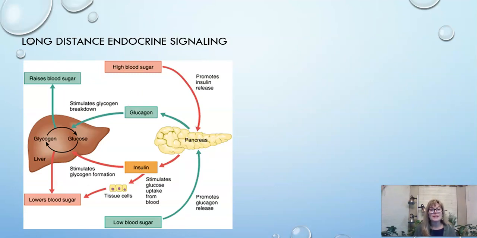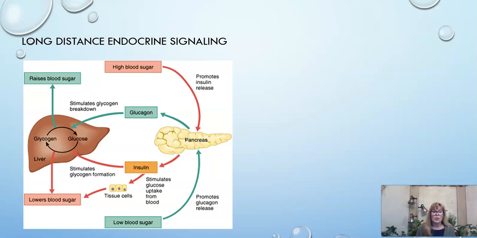Now let's talk about long distance endocrine signaling. And one of the most important, in my opinion, examples you can know of homeostatic control is actually blood glucose regulation, which is a negative feedback control. When your blood sugar is high, your pancreas stimulates insulin, which is going to tell your liver to release glucose.